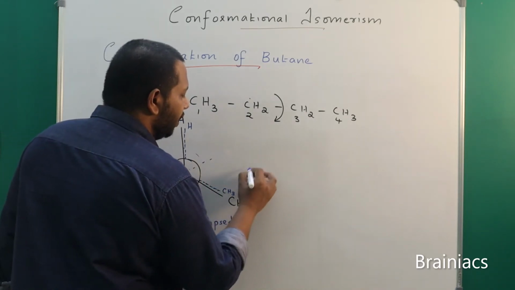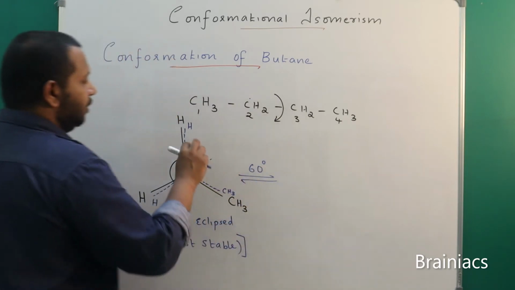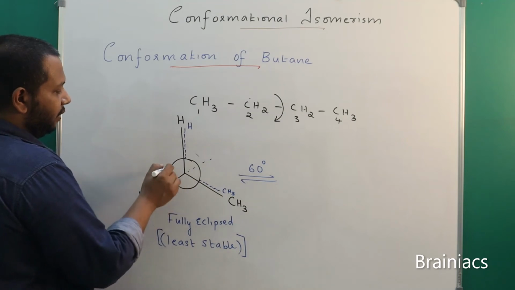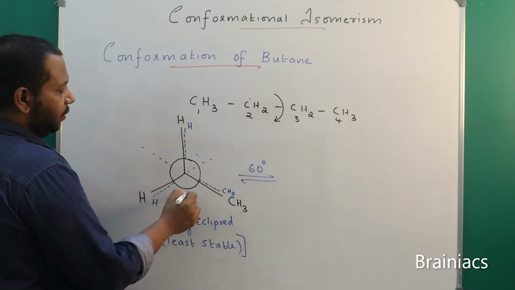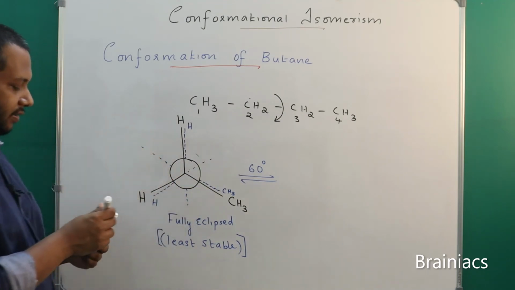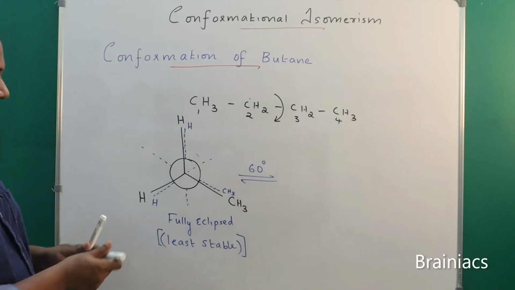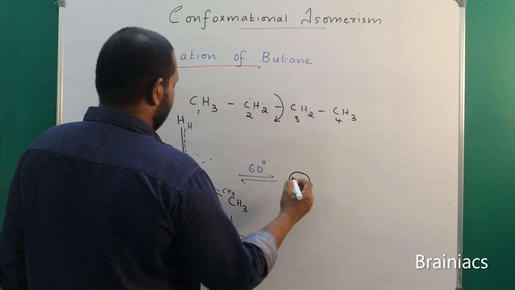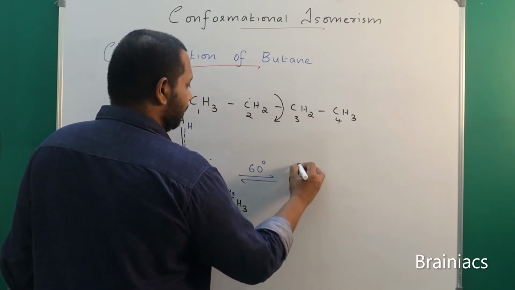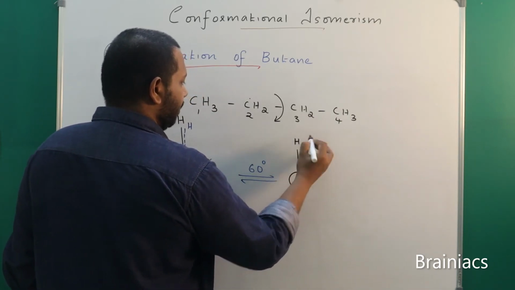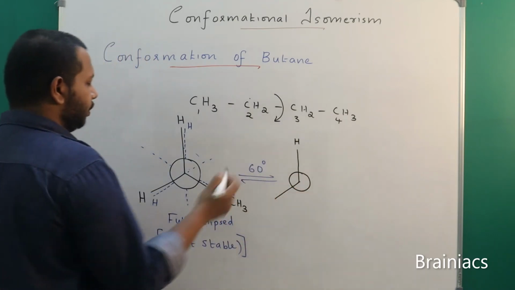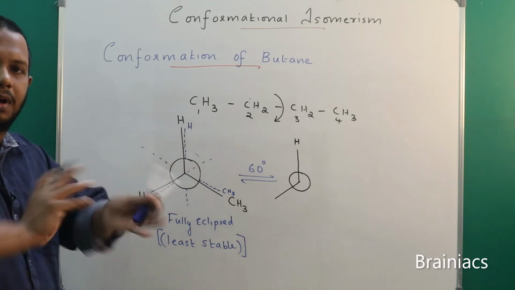When I rotate through 60 degrees, what will happen? This hydrogen will come here, this will go to this position, and this will come to this position. Let's see what happens after the 60 degree rotation. Please understand that one is rotating with respect to the other; it is not that both are rotating.